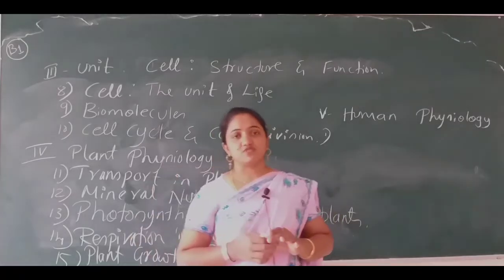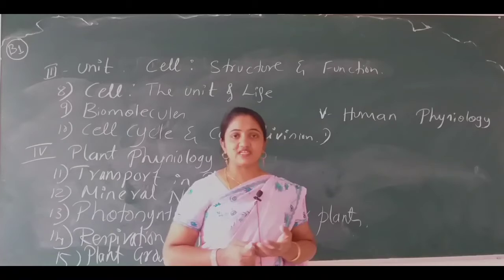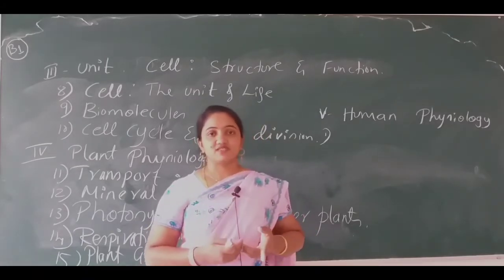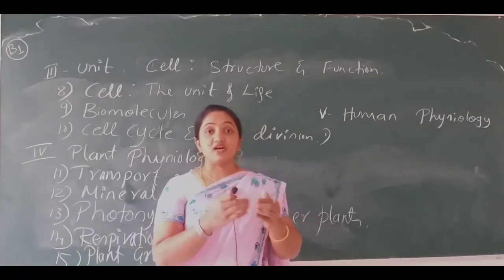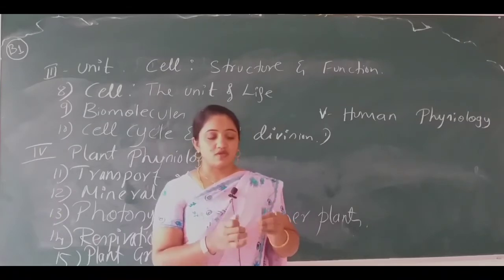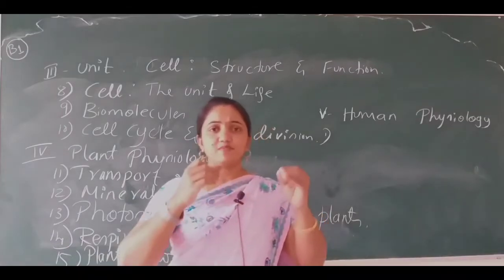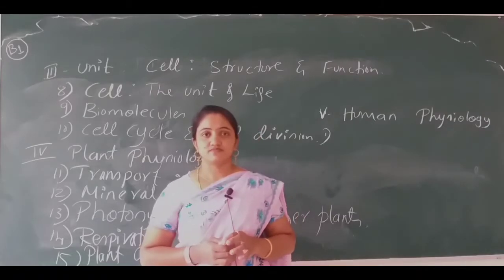Different types of systems are there inside the body. System means circulatory system, respiratory system, excretory system. Like this, we have the nervous system, locomotion, muscle contraction.